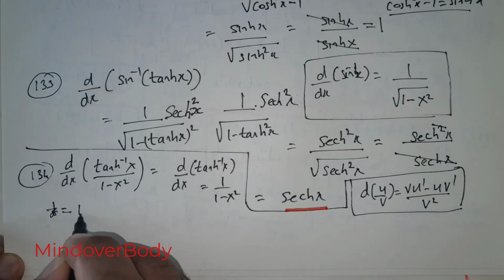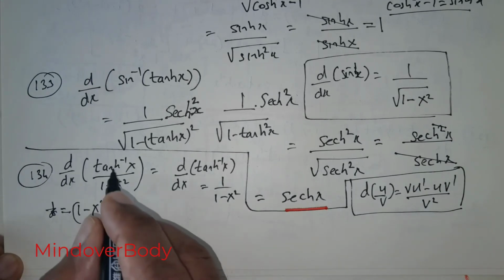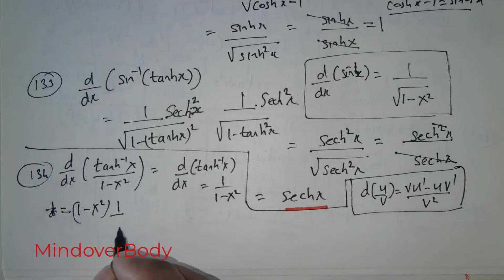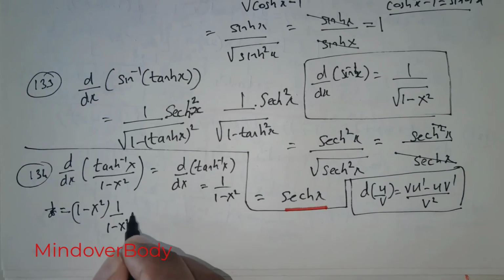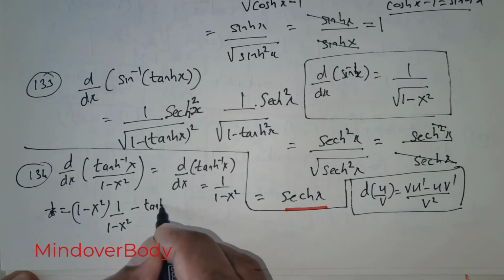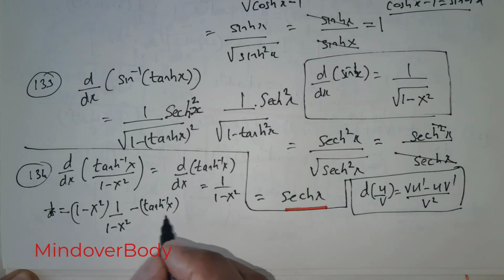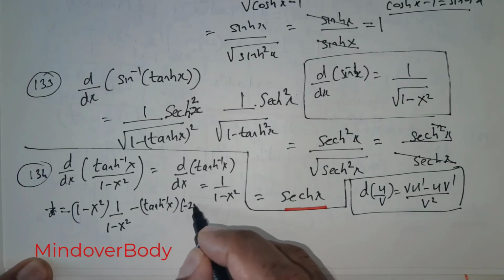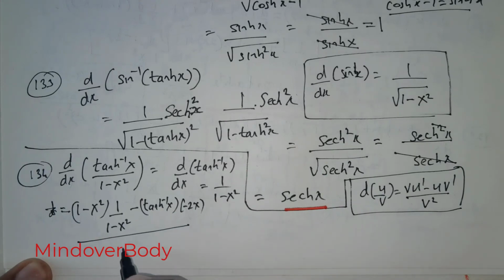So this is equal to 1 minus x squared times the differentiation of hyperbolic tan inverse of x, which gives me 1 over 1 minus x squared, followed by a negative sign and tanh inverse of x times the differential of 1 minus x squared, which is negative 2x, divided by 1 minus x squared raised to the power of 2.